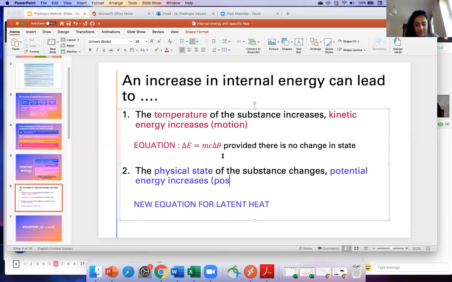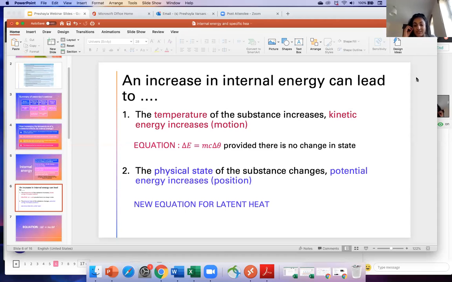So physical state changing is changing the position and therefore changing the potential energy. Temperature changing is changing the kinetic energy, and it deals with the motion of the particles. Two completely separate processes and two completely separate equations. One involves temperature, one involves the changing of the physical state.